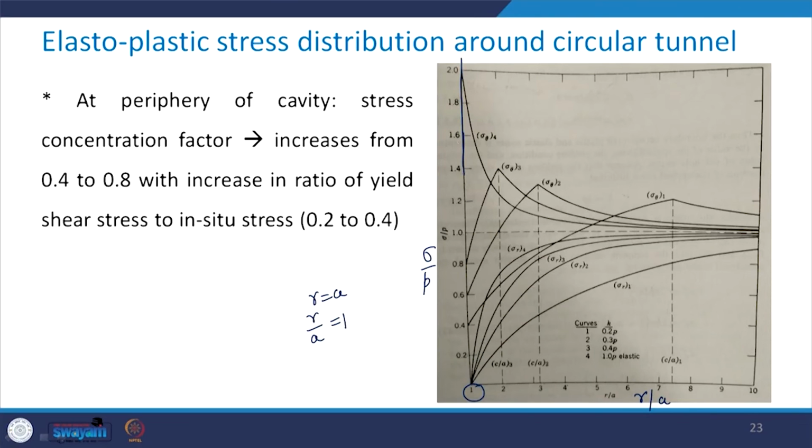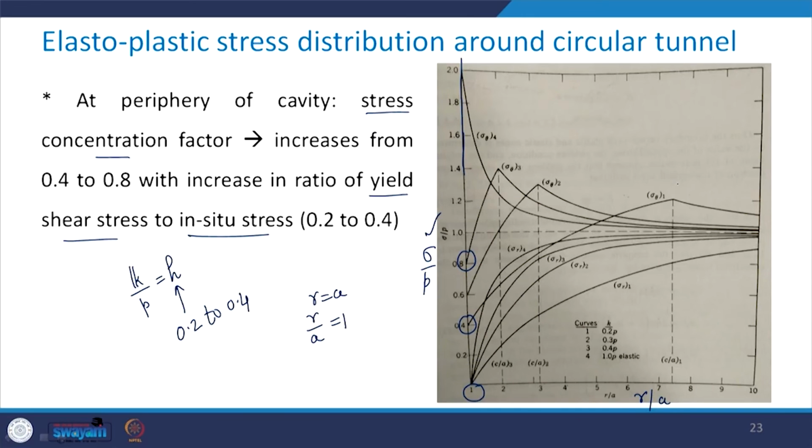Take a look here that this stress concentration factor which has been plotted on this axis increases from 0.4 to 0.8 as the ratio of yield stress to the in situ stress, that is kappa upon P, which is equal to H, is increased from 0.2 to 0.4.